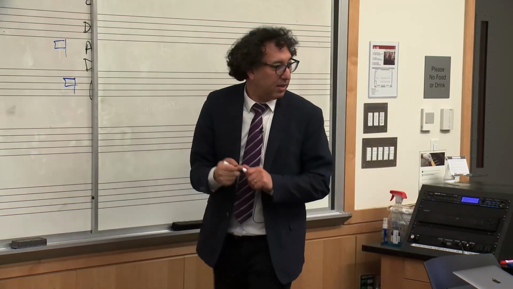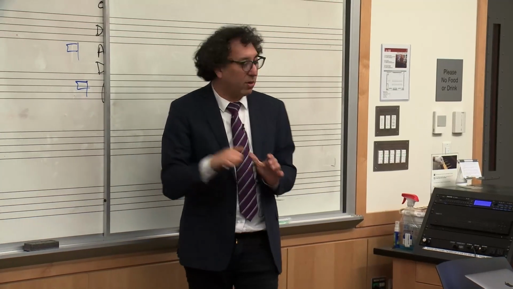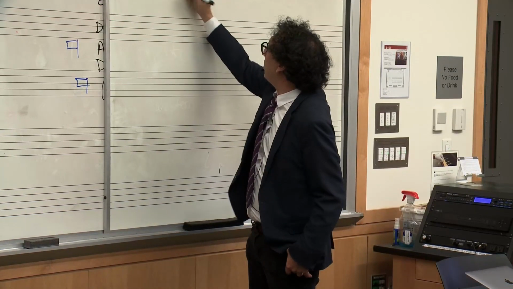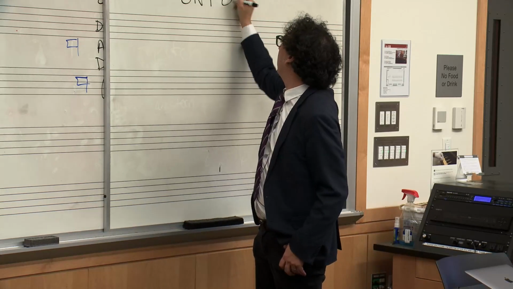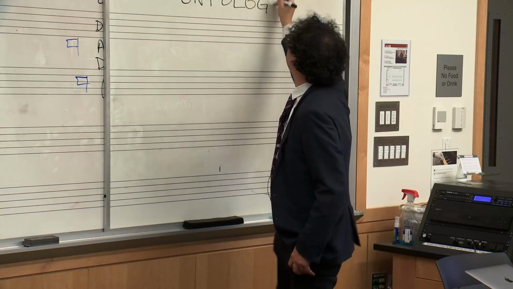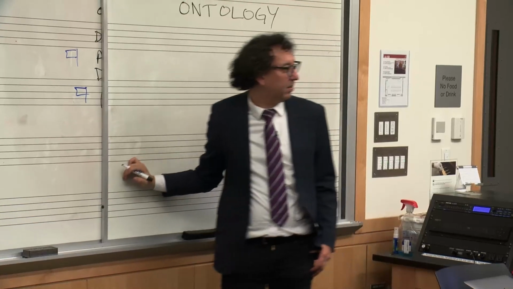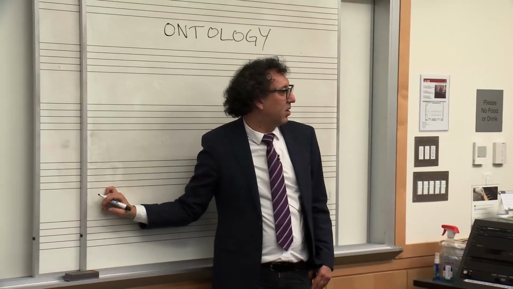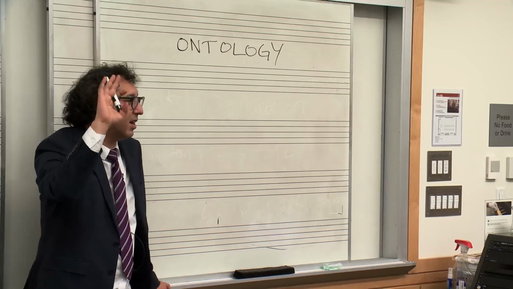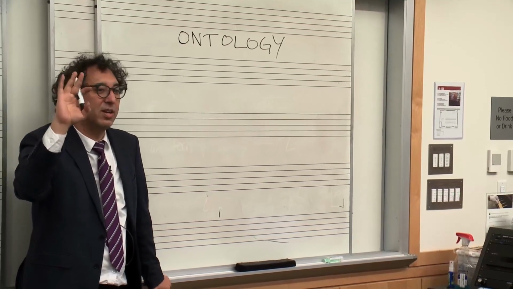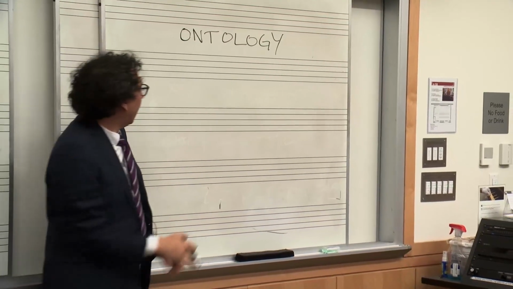Has anybody taken more than one or a couple of philosophy classes and come across this term? What about in a CS class, computer science? I'm not going to ask for a definition right now unless you want to do it. Yeah, great.